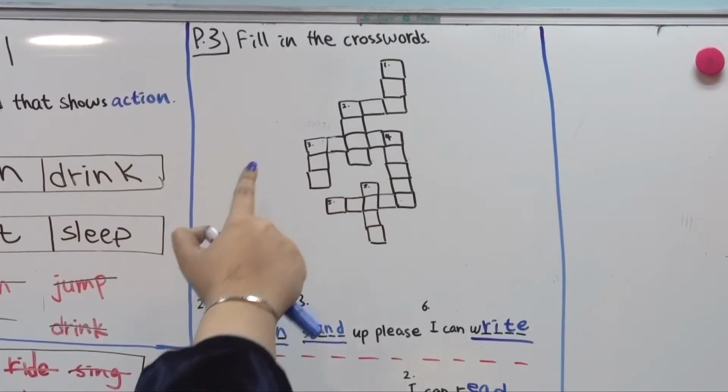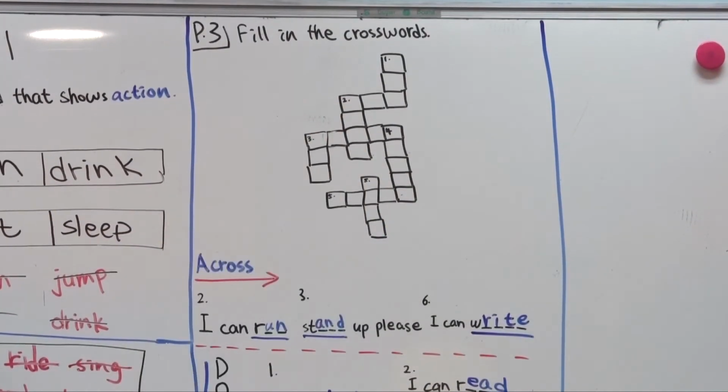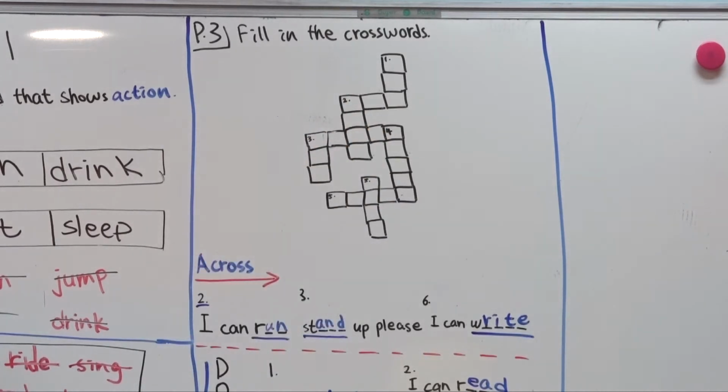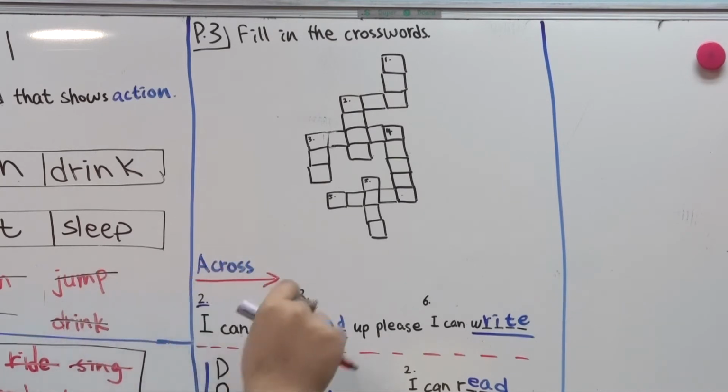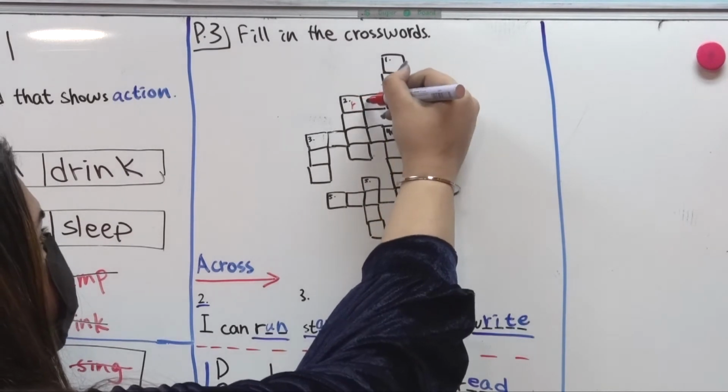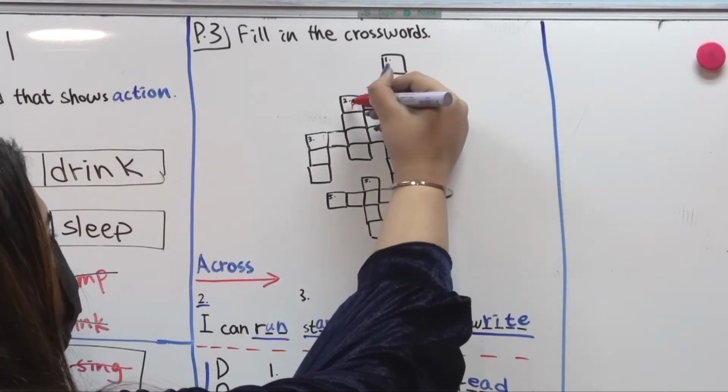That should be here, right? Which action verb is here in 2? I just underline it. Which one is it? Run, right? So across number 2, you write run in the crossword.